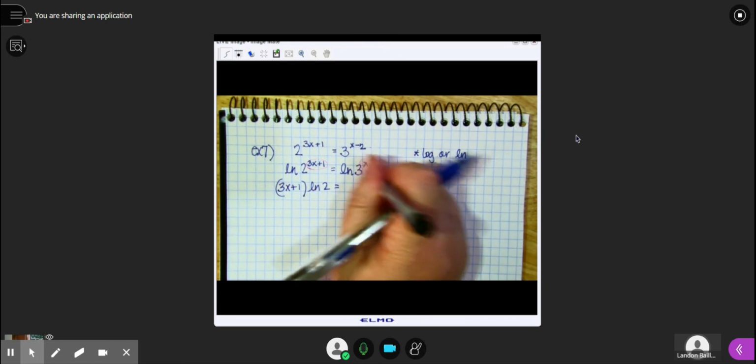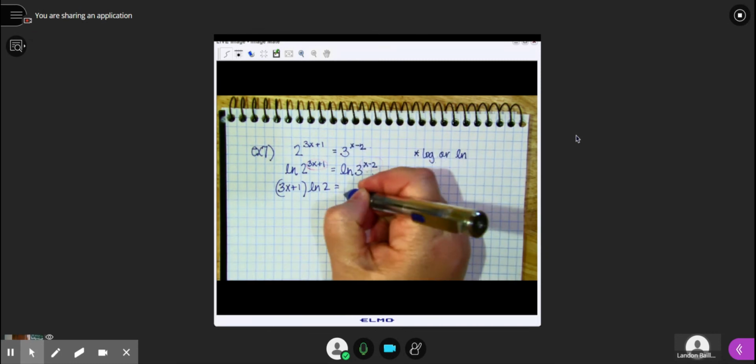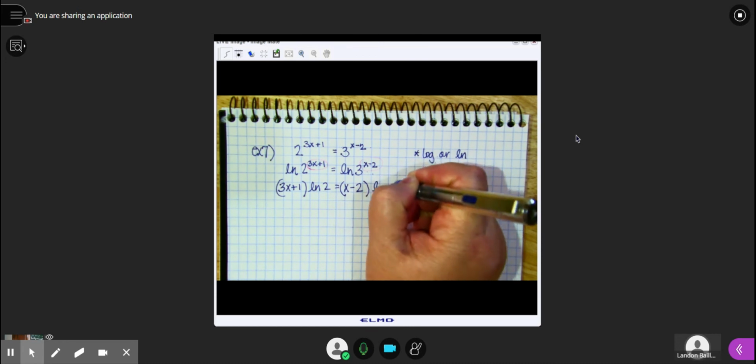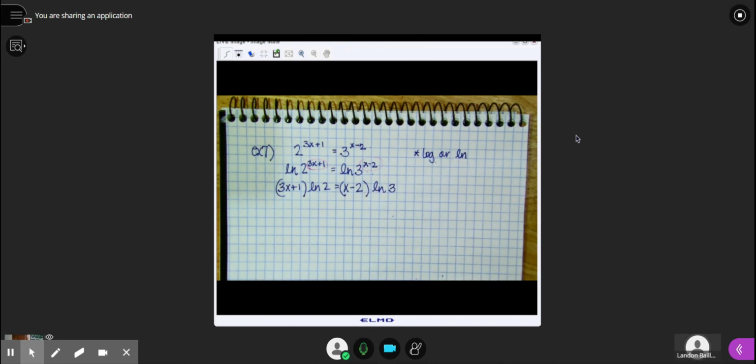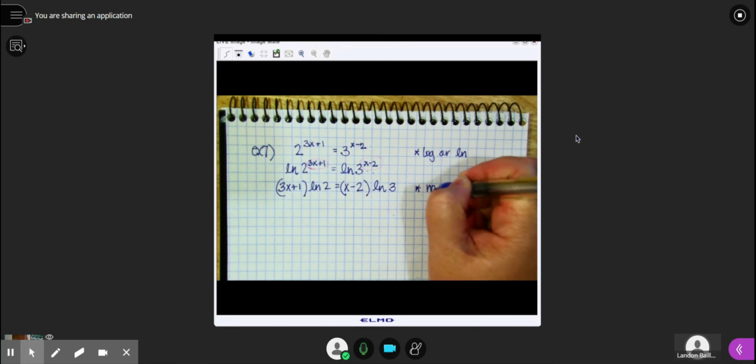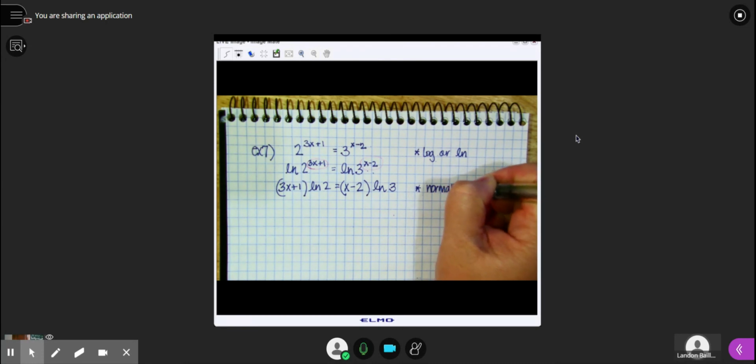And that's got to equal the x minus 2 times the ln 3. Normally, we would not distribute.